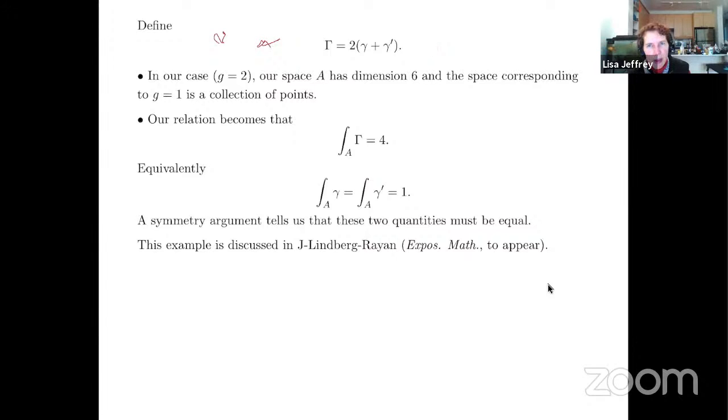In our case, the space corresponds to what I was talking about before, where you reduce the genus by 1. The original space had dimension 6, and the new space is a collection of points. So what you find is that the evaluation on the fundamental class of big gamma is 4. Equivalently, there's a symmetry group that tells you that these two quantities, little gamma and little gamma prime, are equal. So that will tell you that each of them is 1.